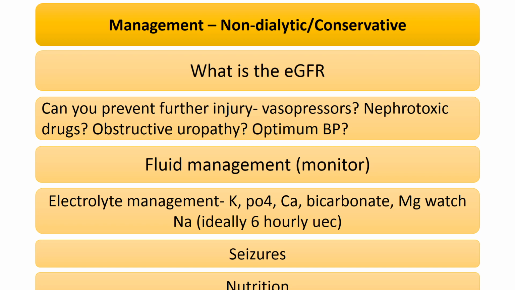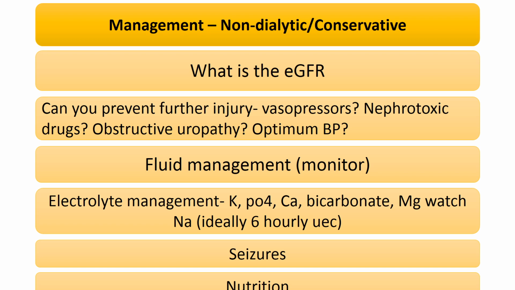And then we need to keep an eye on the phosphate. Often, patients that have acute renal failure will have a high phosphate. So if this patient is taking feeds orally, we are going to restrict their intake of phosphate containing foods.